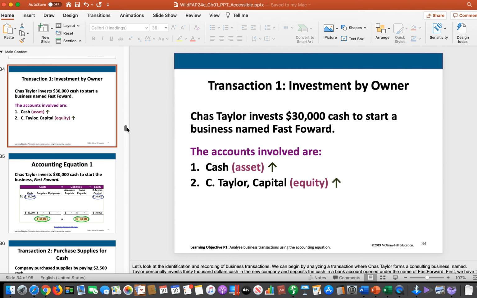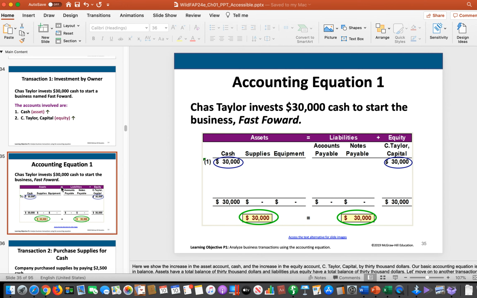It belongs to the business. So cash goes up. The amount of cash increased from 0 to 30,000, and therefore the equity, the part that the investor owns, namely Mr. Taylor, also goes up.